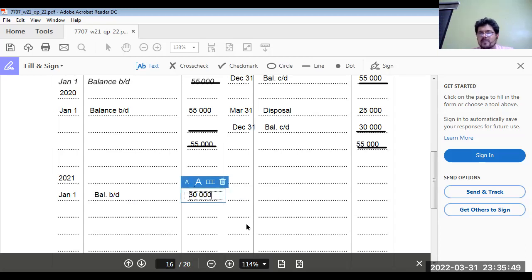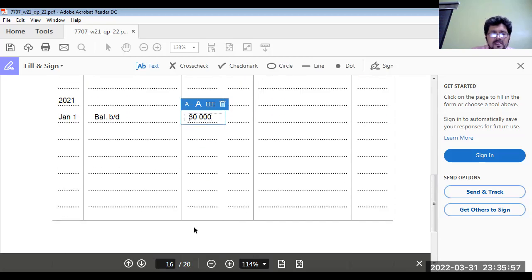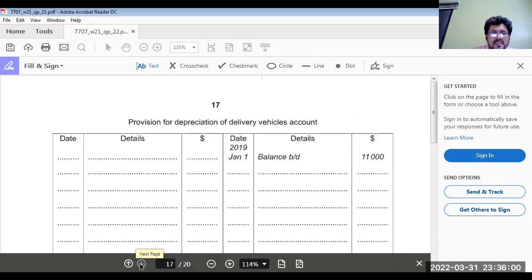If you don't write this balance brought down, you will get 1 mark deducted for your presentation. Yeah? That's all for the asset account. What's next? Provision for depreciation. The opening balance of 2019 was 11,000.